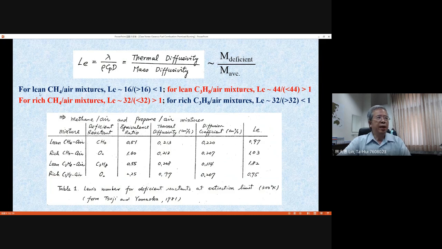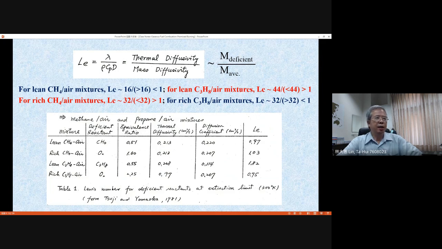For the lean cases, methane-air and propane-air give you just opposite estimations of the Lewis number value. For lean methane, the Lewis number is less than 1, but for lean propane, the Lewis number is larger than 1.